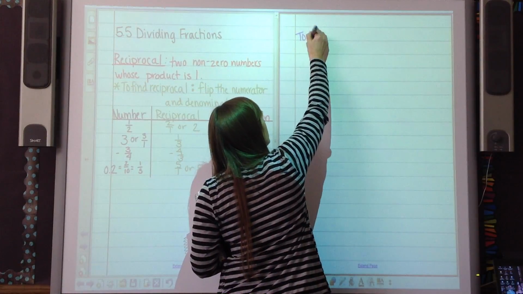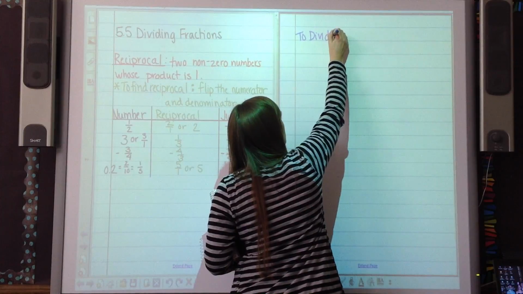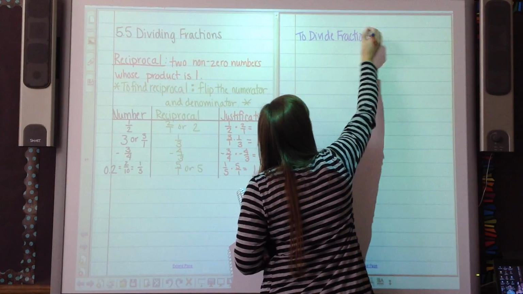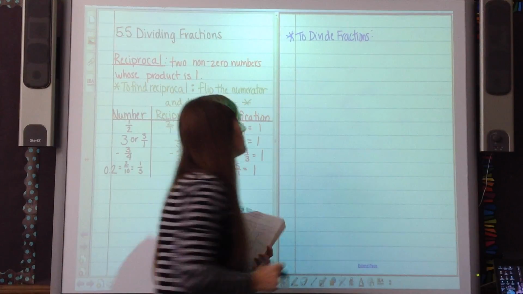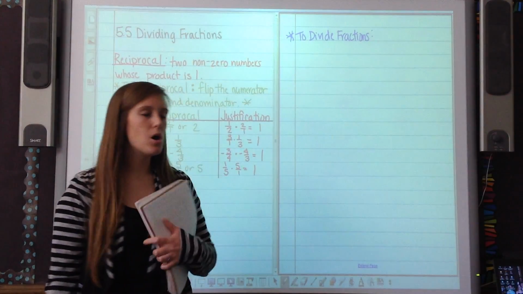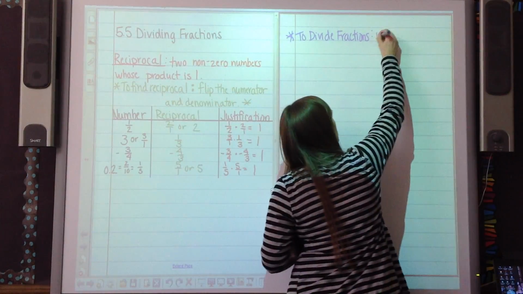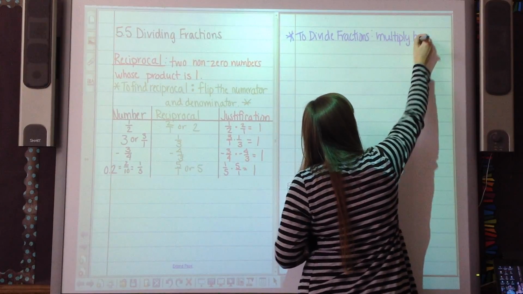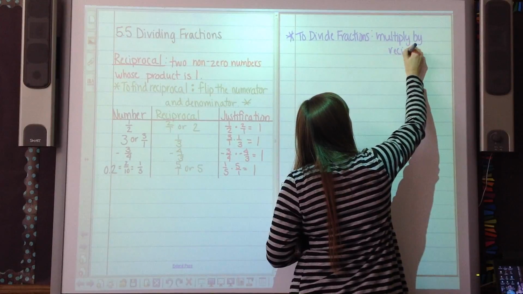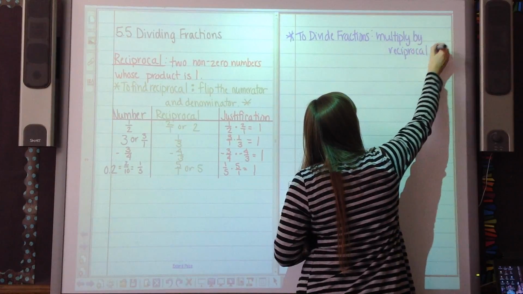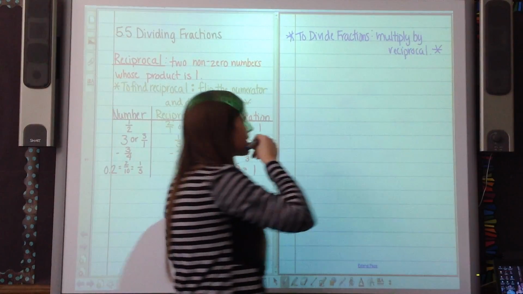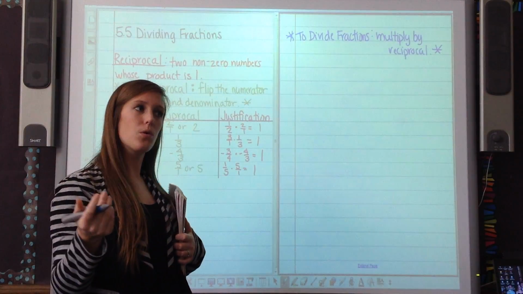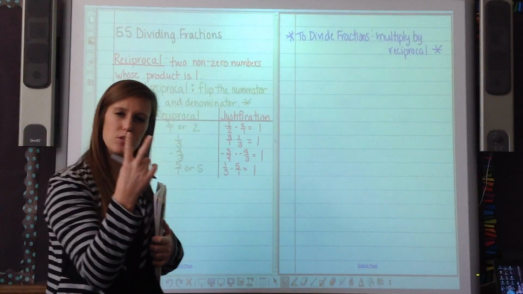To divide fractions, you're going to multiply by the reciprocal. And there's going to be a specific order in this. When you're dividing fractions, you get two fractions.